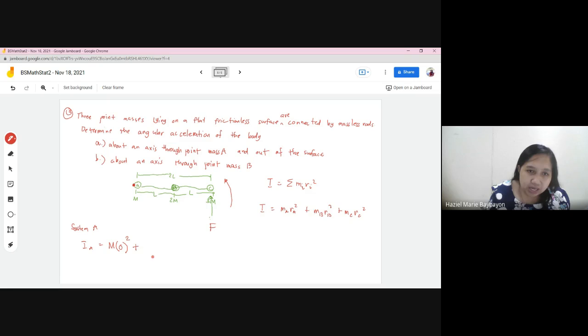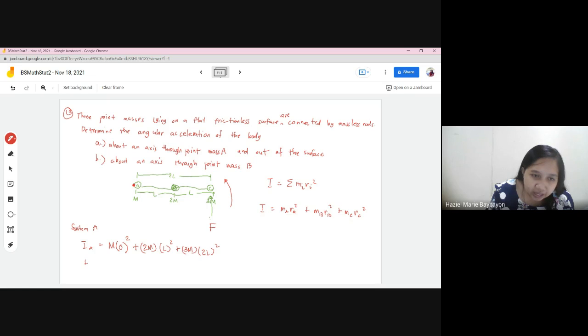Plus your M sub B is 2M multiplied by the length from the axis to point mass B, so this is L squared. And then plus M sub C. Your M sub C is 3M multiplied by R sub C squared. Your R sub C goes from here to here, so that is 2L squared.